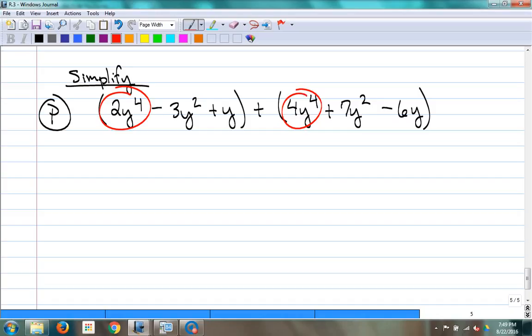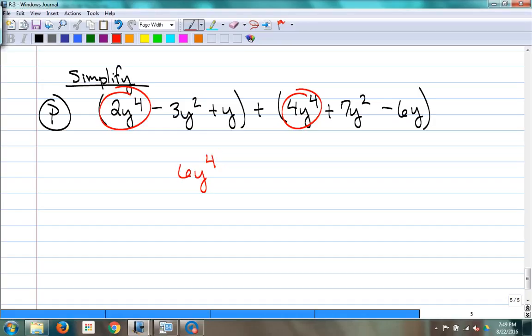No. Remember our exponent rules, we didn't have one that was a sum rule. We had one that was a product rule that said multiply, but we didn't have one that was an addition or subtraction rule. So the exponents don't change. Only the coefficients change. So we have 2 plus 4. So 2 plus 4 would be 6y to the fourth.